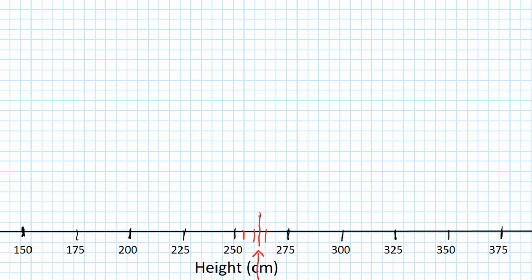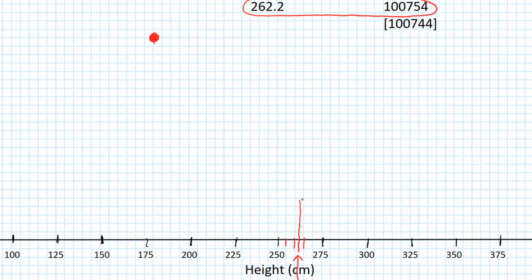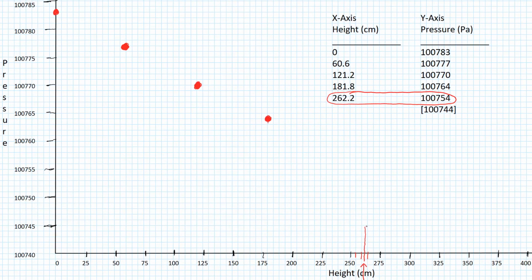And I'm going to follow that up until I get to 100,754, which is right here. And I'll put a point there to represent the top of my stairs, the pressure at the top of my stairs.